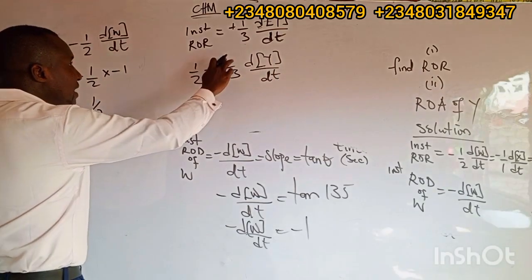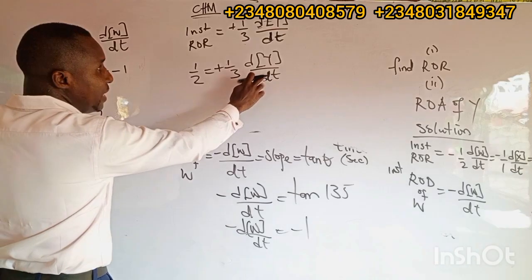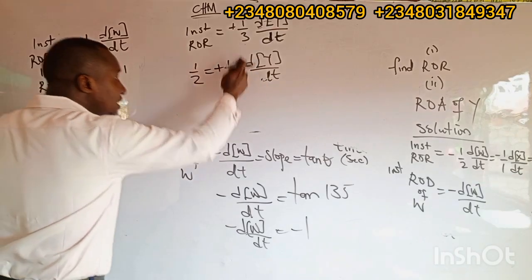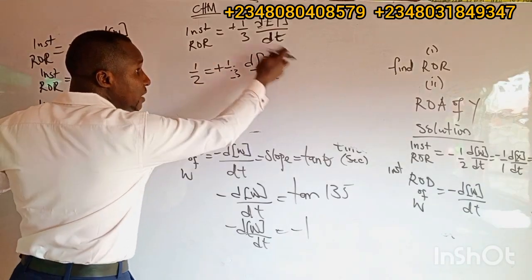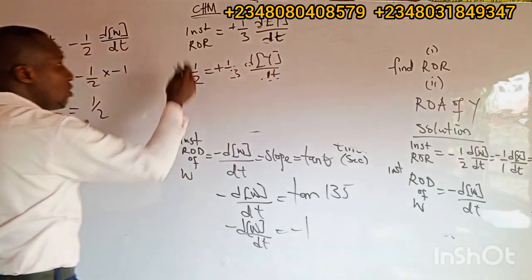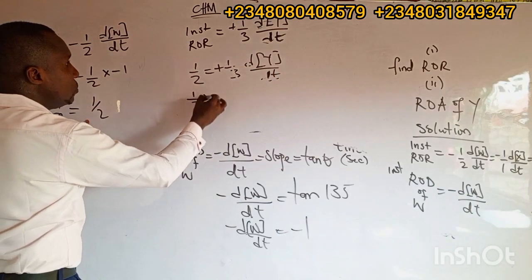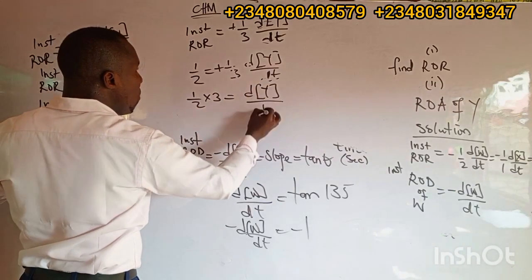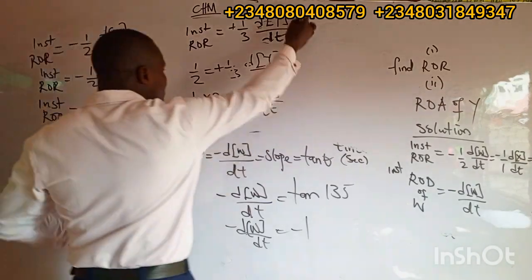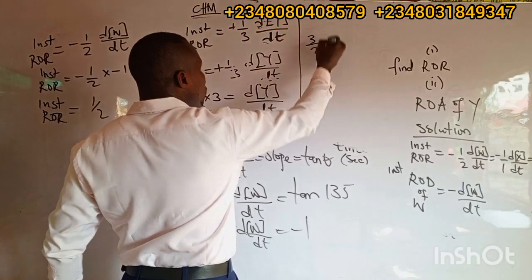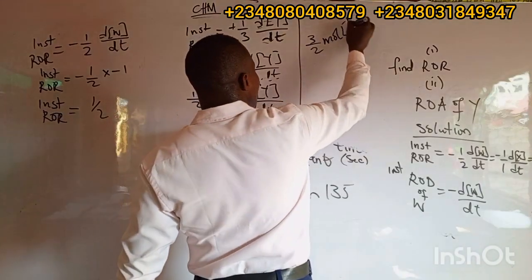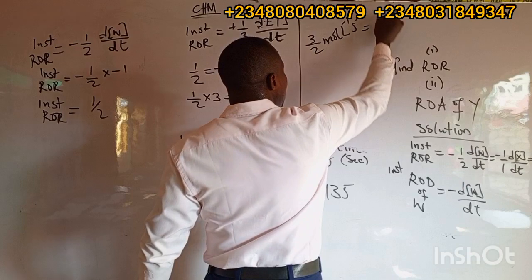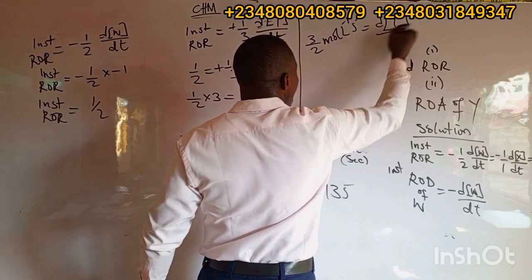For you to calculate the instantaneous rate of appearance of Y, you have 1/2 times 3. Therefore, the rate of appearance of Y is 3/2 mole per liter per second.